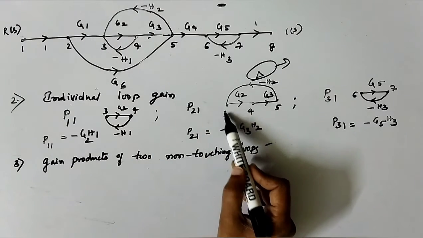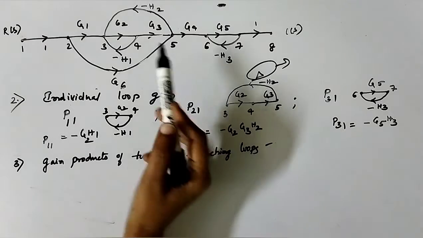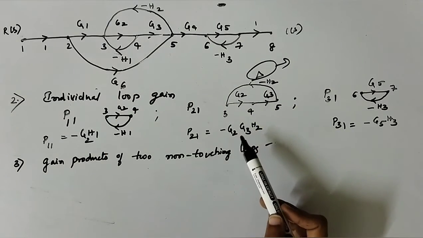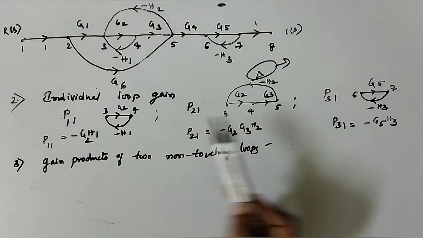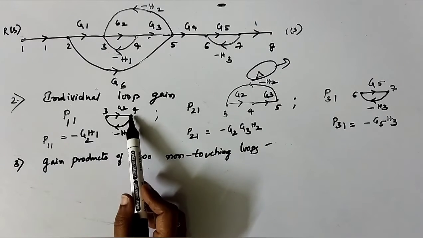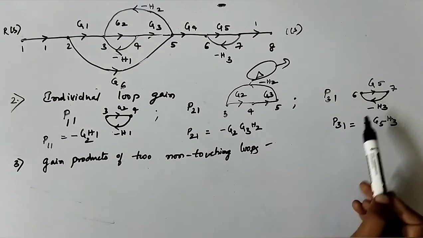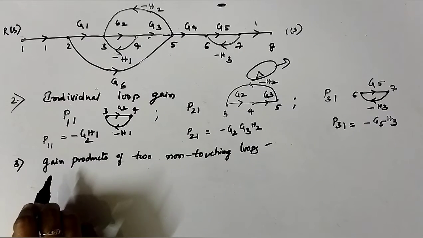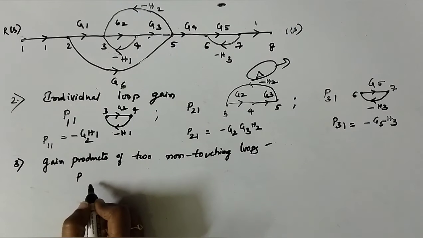This part is common. So definitely these two are touching. If you see this one and this one, because this is between 3 and 4 and this is between 6 and 7, so definitely this is one combination of two non-touching loops.